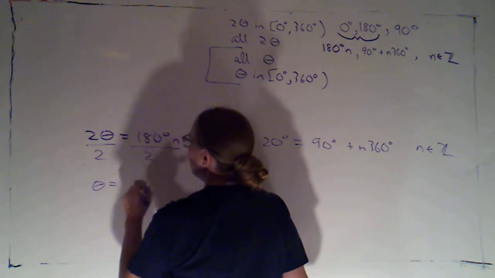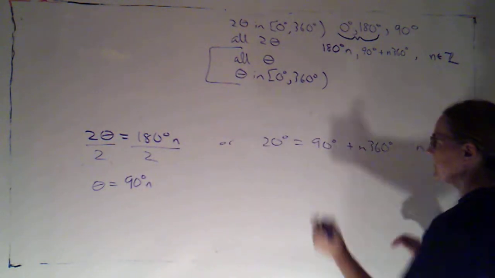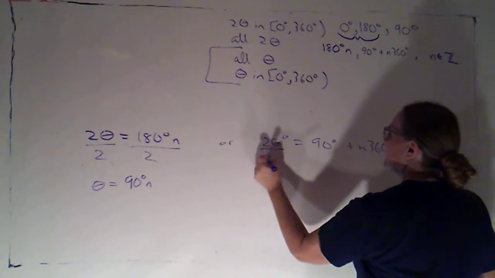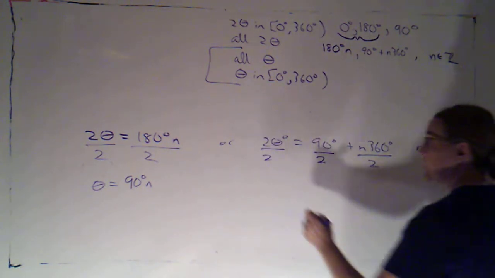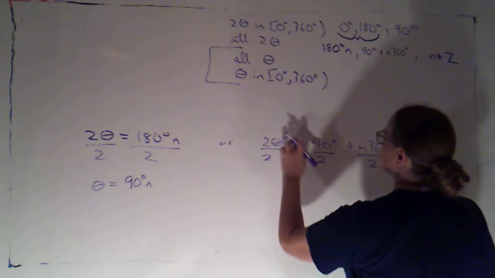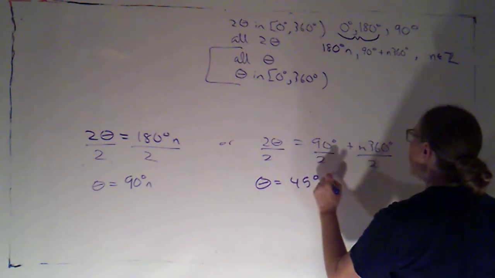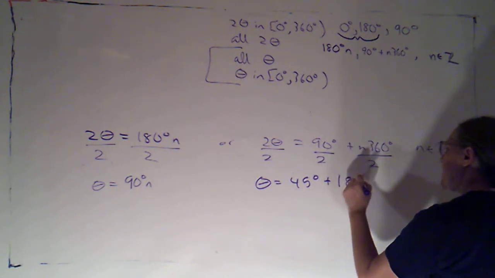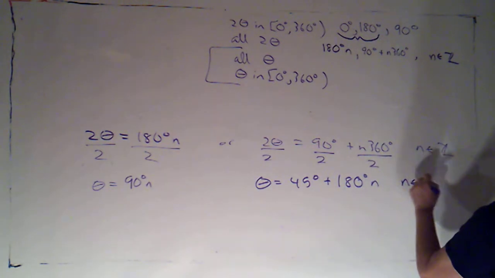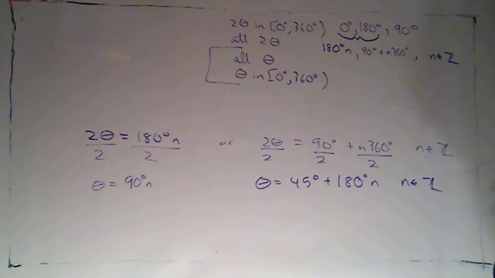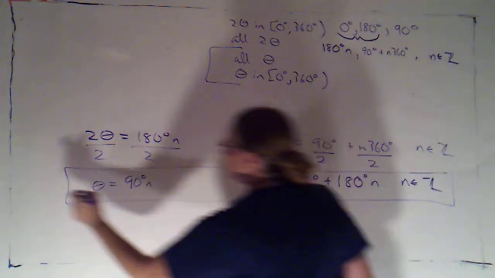So theta would equal 90 degrees times n. Here I would divide every term by 2. So theta would equal 45 degrees plus 180 degrees times n, where n is an integer. So this would give me all values of theta.